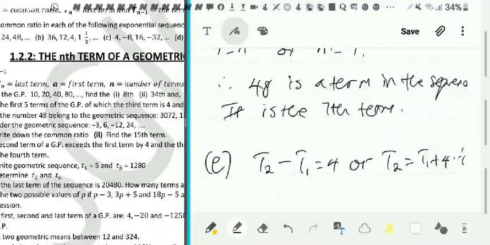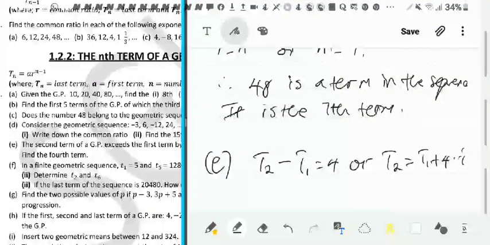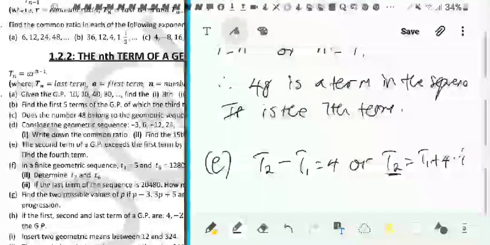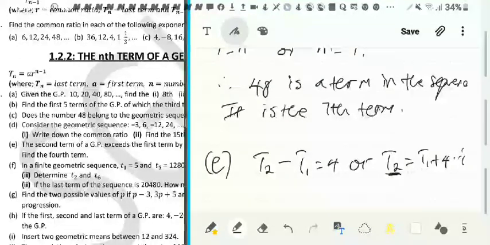Okay, look at the statement again. The second term of a GP exceeds the first term, this second term is more than this first term by 4. It is greater than this one by 4. So in other words, T2 would have been equal to T1, but it is not, because for them to be equal, you need to add 4 to T1.